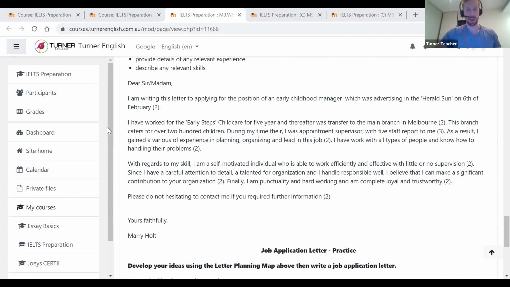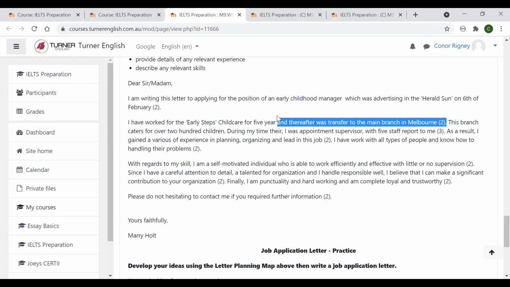Okay. And Carol, can you continue with the highlighted sentence? Day after was transferred to the main branch in Melbourne. Okay. So anything there?